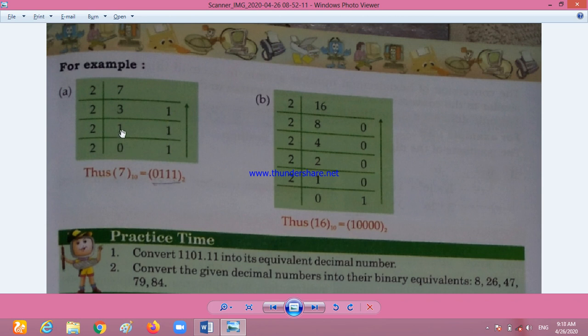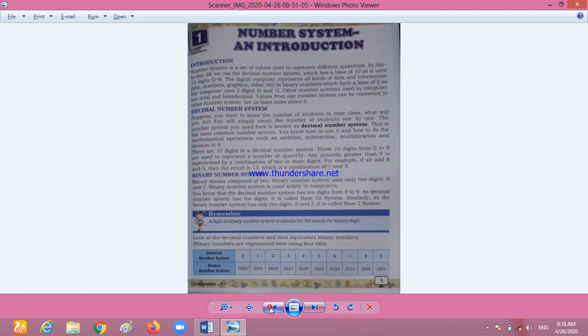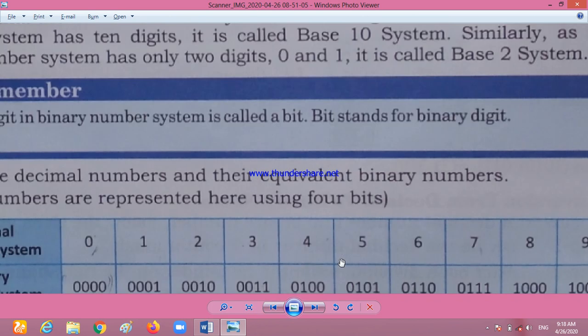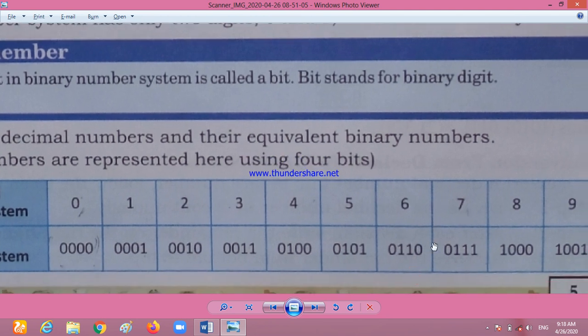If we do 1 divided by 2, we have nothing, directly remainder 1, and 0 times naturally. So what is the answer? 111. This is the binary number of 7. You see it's written here, which we have proved right now.